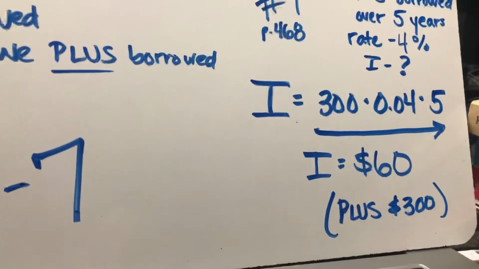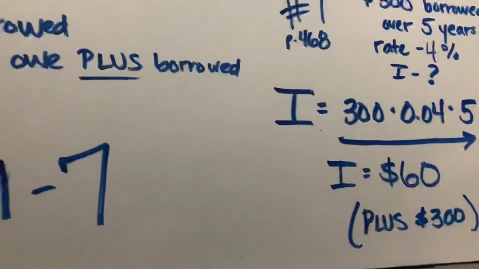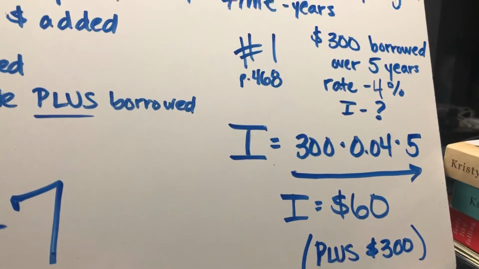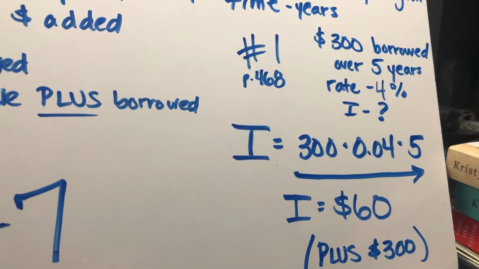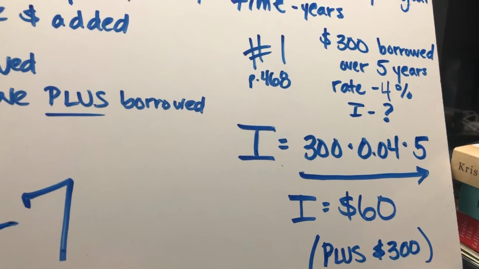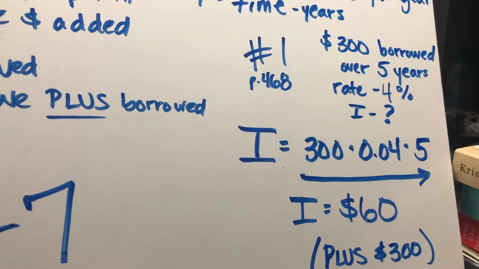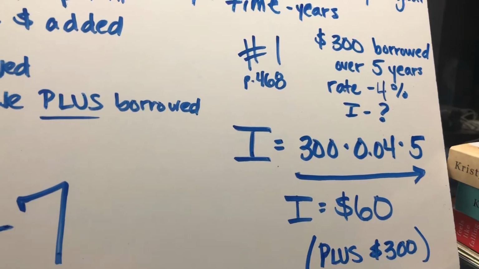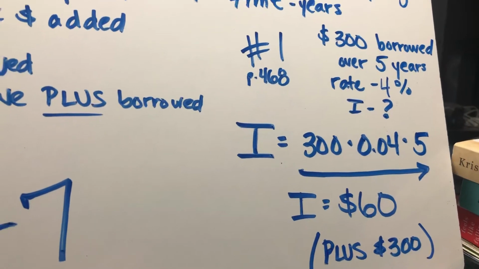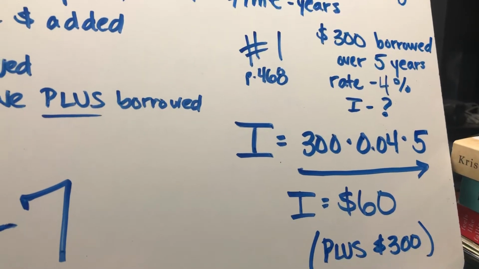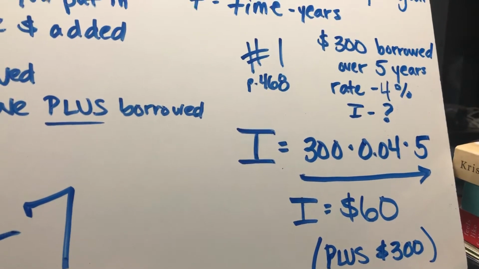And so you see, I put it as a multiplication problem, because it's P times R times T. P is my principal, how much I borrowed, $300. My R is the rate that the bank is giving me, 4%, so that's 0.04. Time, how long am I borrowing this loan for? 5 years.